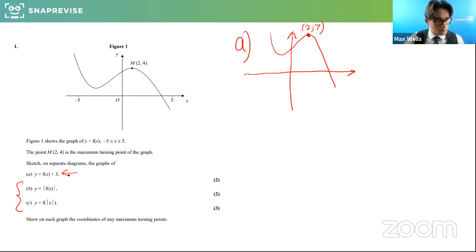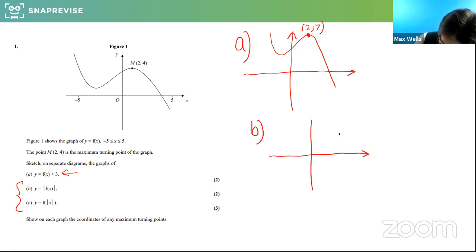So the next question, this is where it perhaps gets a bit more involved. The modulus is a modulus of the entire function. What this means is y can never be negative. So anything that's below the graph, anything that's negative in y, essentially gets reflected up. They're two different sketches here.